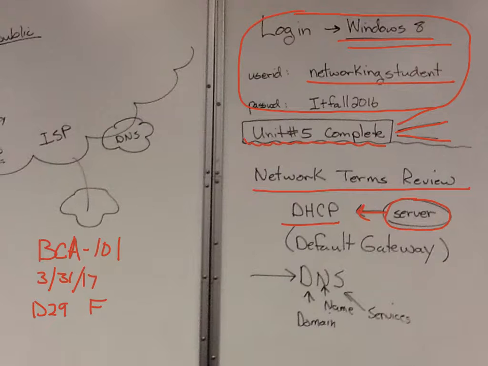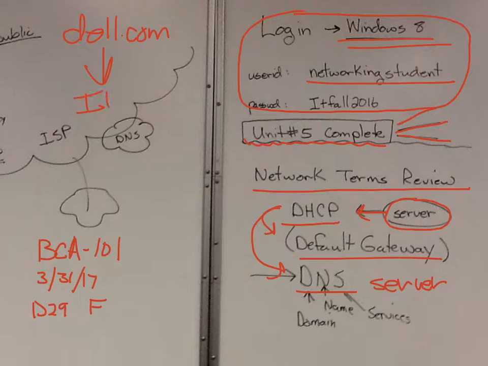Remember, we'll talk a little bit more about the physical addresses. We also get a default gateway from DHCP. And DHCP can also supply your DNS server access. A DNS server will take something like Dell.com and match that up with the IP so you can find it on the internet.